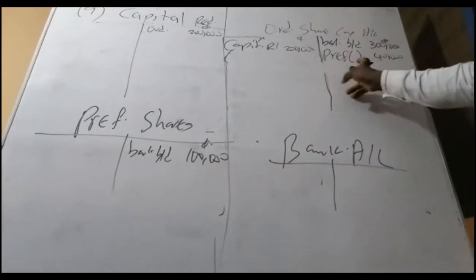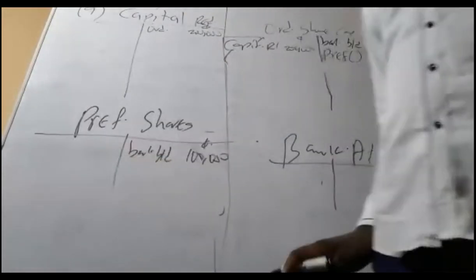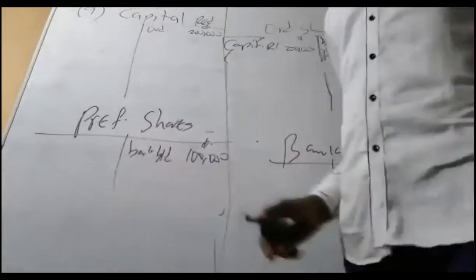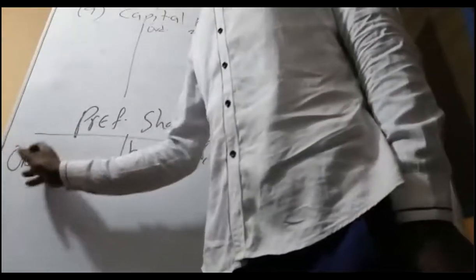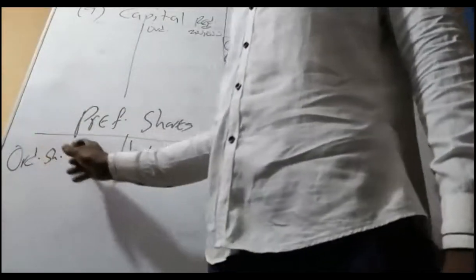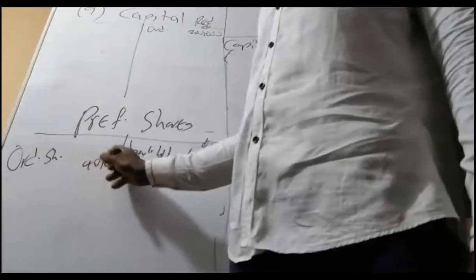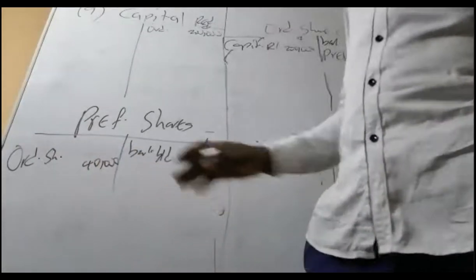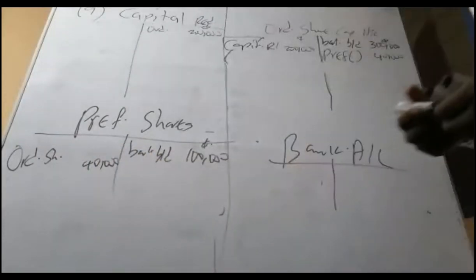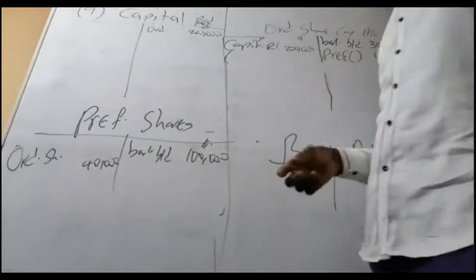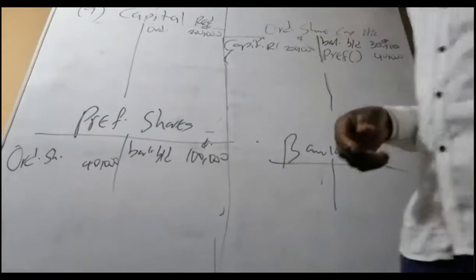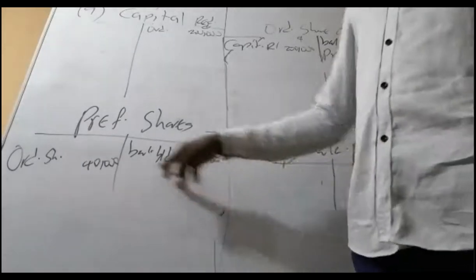Then immediately record it in the preference shares. So it should come and reduce the preference shares. So right here, ordinary shares, 40,000. When they're done, they say in exchange, whatever remains goes to capital reduction. So how can we pay something costing us 100 with 40,000?